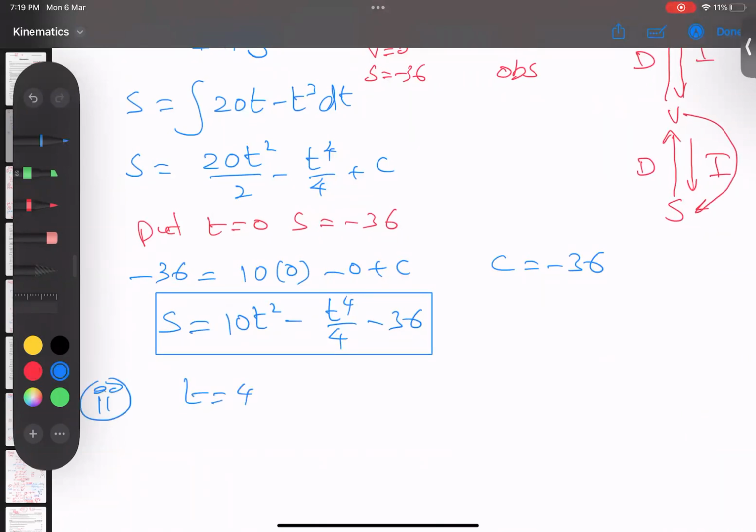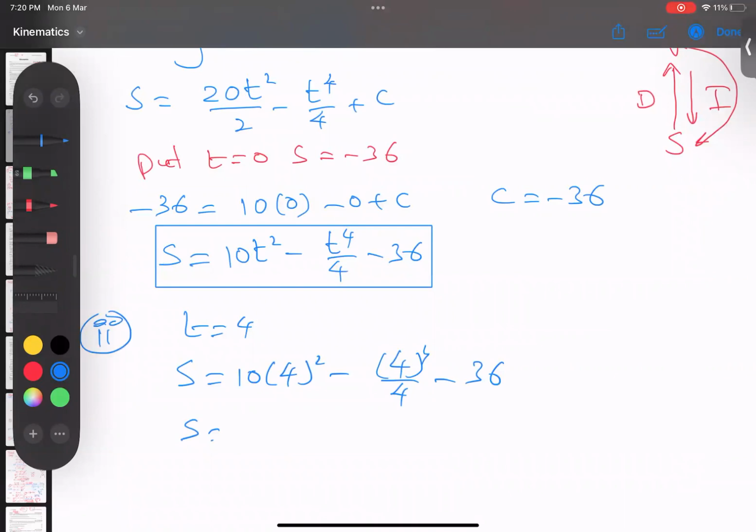As I plug in 4, S equals 10 times 4 to the power 2 minus 4 to the power 4 over 4, minus 36. It is a matter of typing it into the calculator. 10 times 16 minus 4 to the power 3, and minus 36. So the answer is coming 108 meters.